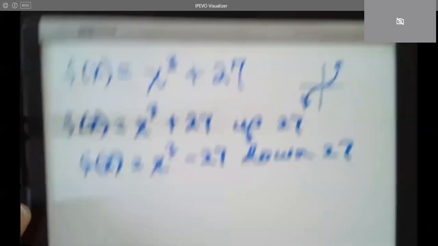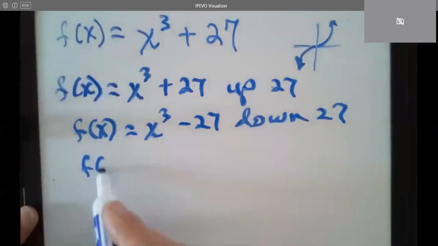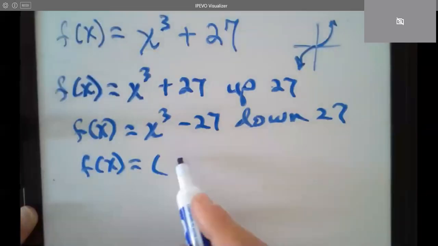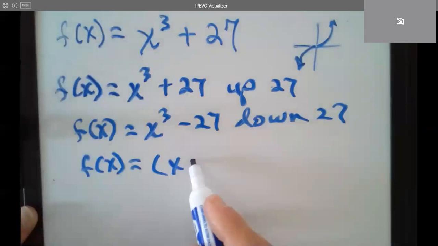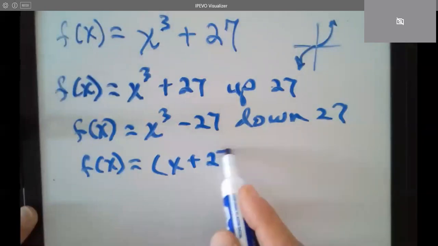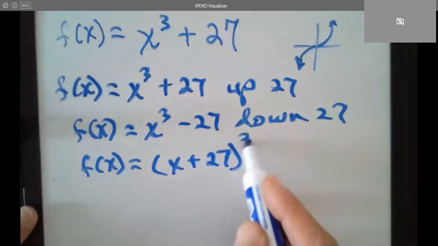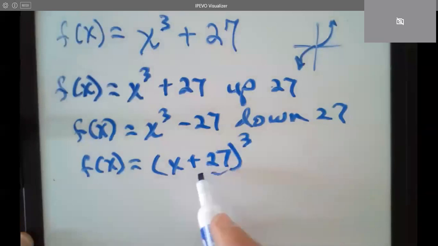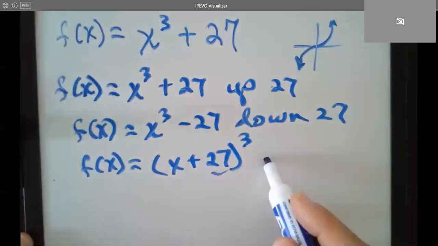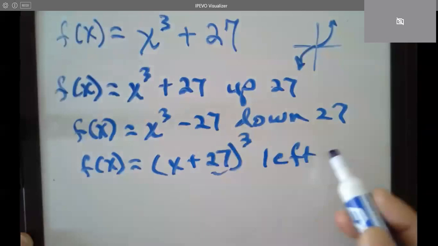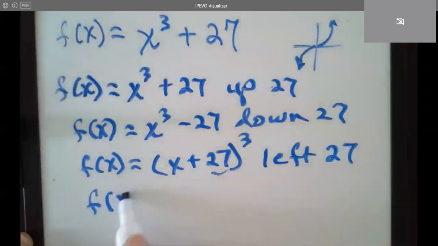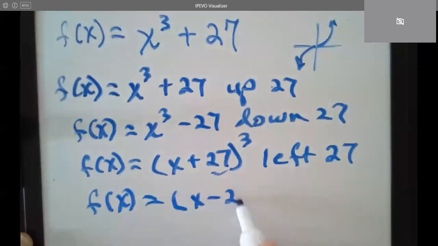Okay? If it's f of x equal to parentheses x plus 27 cubed, like that, in parentheses, now it's going to shift left 27. And if it's f of x equal to x minus 27, parentheses cubed, then it shifts right 27.